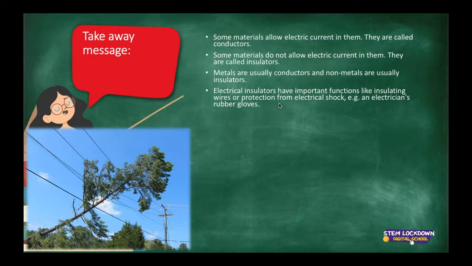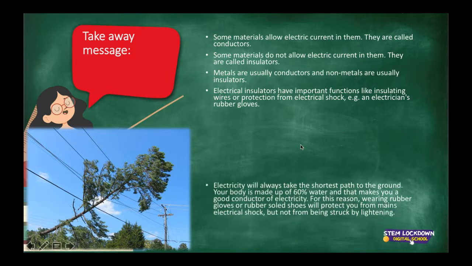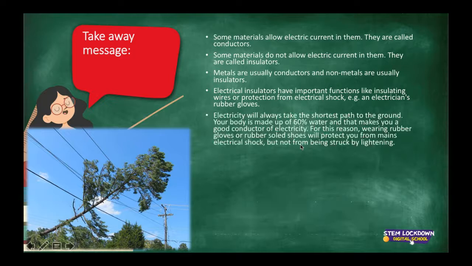Previously I asked you, why do electricians wear rubber gloves? I am going to have a look at that shortly. Electricity will always take the shortest path to the ground. Your body is made up of 60% water, and that makes you a good conductor of electricity.